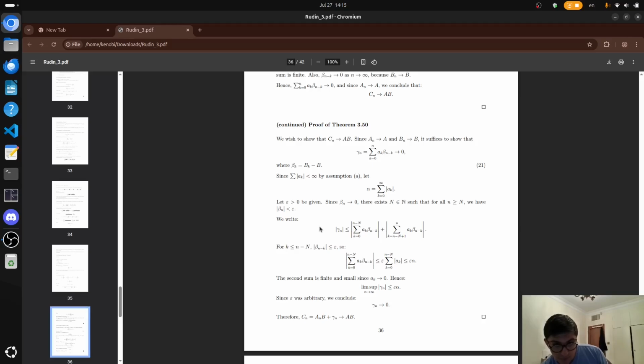So now we want to take this extra term and split it into the sum until n minus N, and then after that, right? And so this is what we're going to get. We're splitting the sum into different absolute values. So this is going to be a less than or equal to sign, less than or equal to sign.